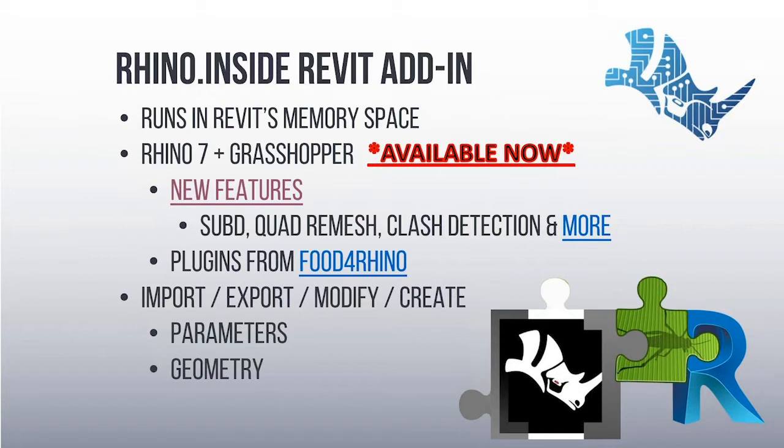Some of the new features include sub-D modeling, quad remesh, clash detection, and many more. Additionally, through Rhino inside Revit, you get access to all of the plugins that are available at foodforrhino.com, including Kangaroo, Weaverbird, all of these wonderful plugins created by the community or those that also work at McNeel.